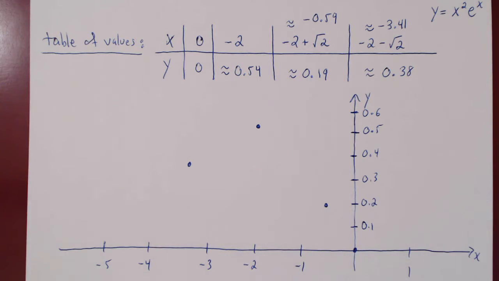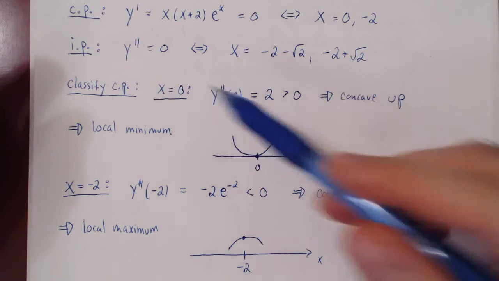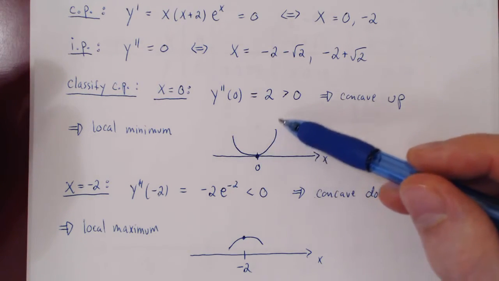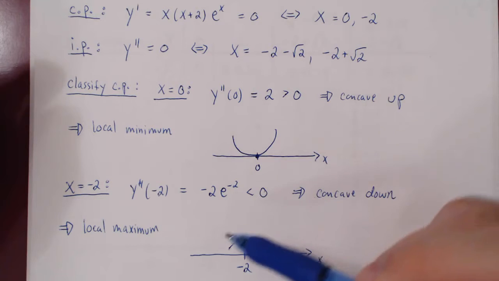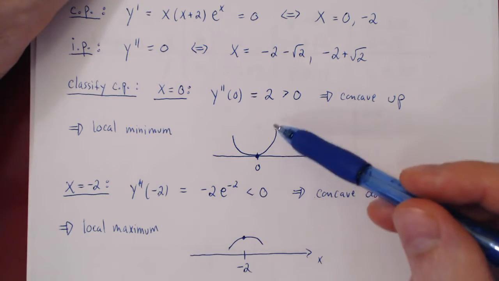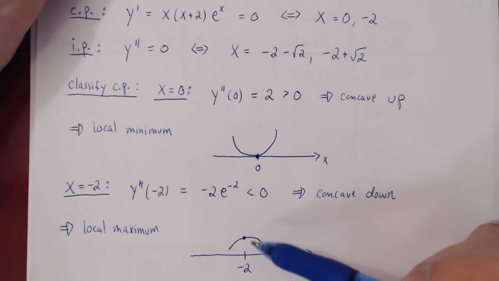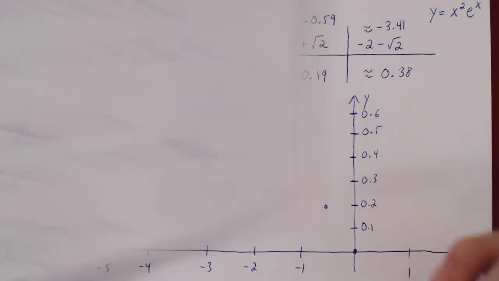Now, as always, we first look locally around each critical point and complete the graph. If you go back to our classification, we knew around x equals 0, the graph looks like this. It was a local minimum. And around x equals negative 2, the graph looks like this because we had a local maximum. So let's glue this part onto the point x equals 0 of our graph, and this part onto the point x equals negative 2 of our graph.